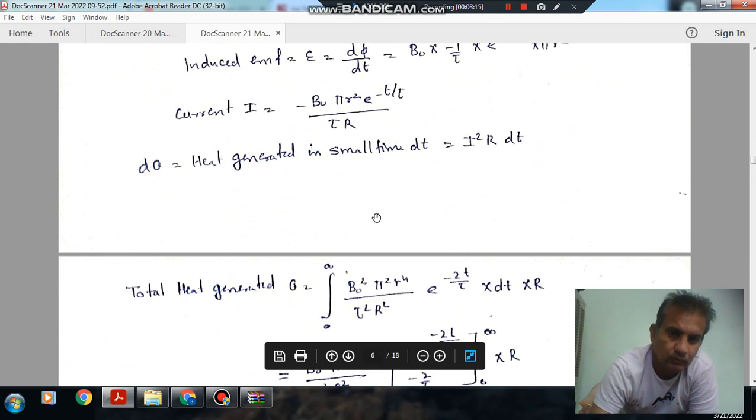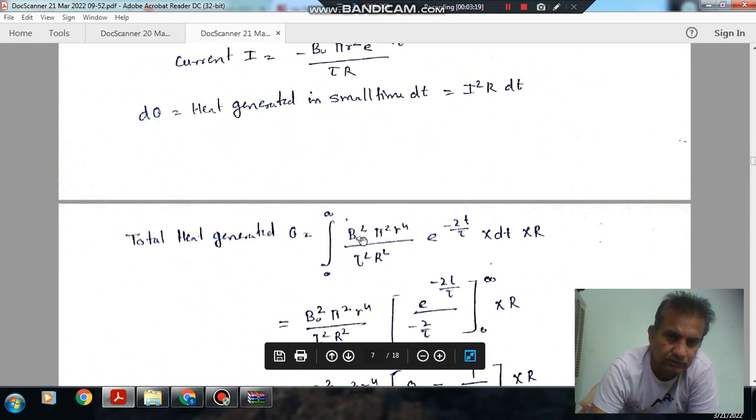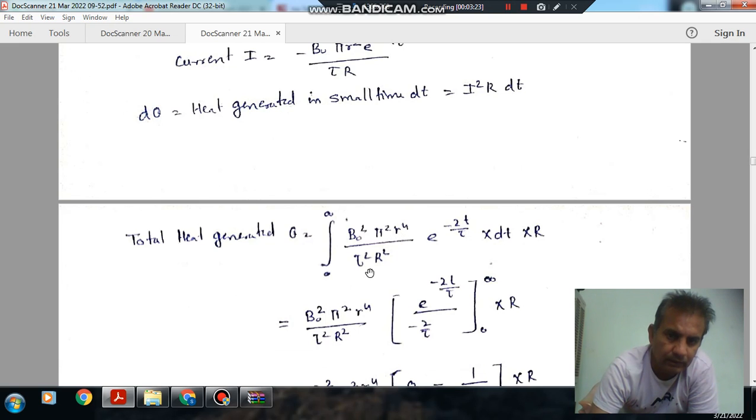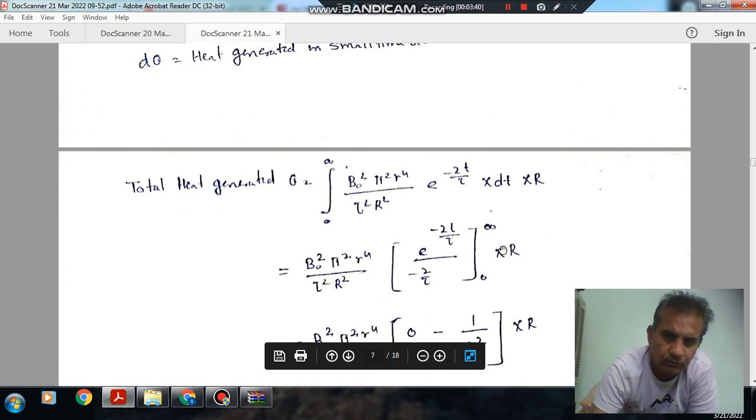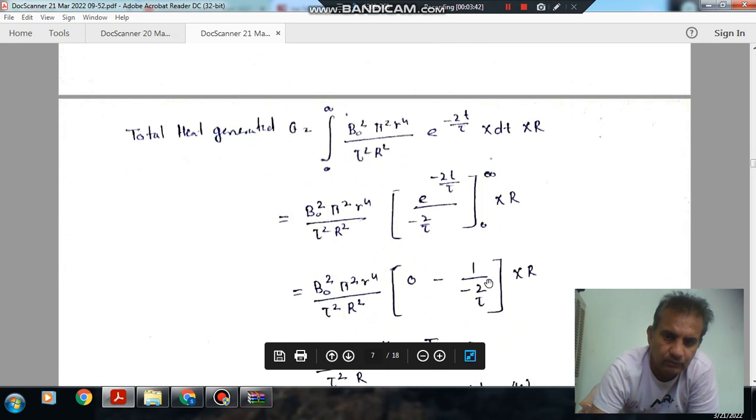So integrating it, this quantity B naught square pi square r to the power 4 by tau square R square is constant, so we can take it out of the integration. This R is also constant, so it is also out of the integration. The integration will be done on this quantity only. So it will be e to the power minus 2t by tau divided by minus 2 by tau, with limits infinity to 0.